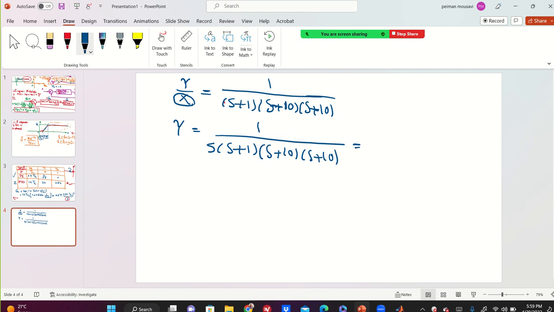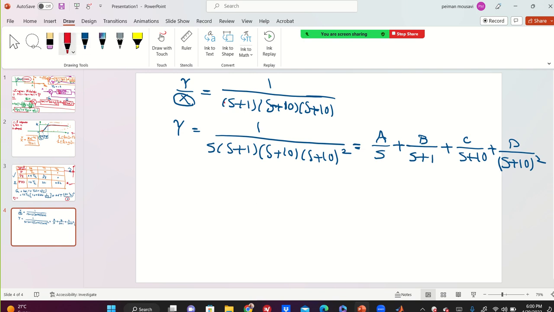And you know how we were finding y? We were decomposing to A over s plus B over s plus 1, remember? Because this is squared, it's going to be C over s plus 10 plus D over (s plus 10) squared. Do you remember that we were doing this?